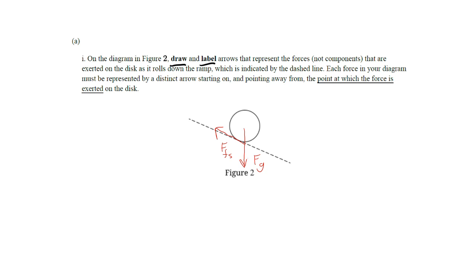So just like a car's tire, this disc, as it rolls down the ramp, has static friction. And then we have the normal force pointing upward. Okay, so those are our forces.